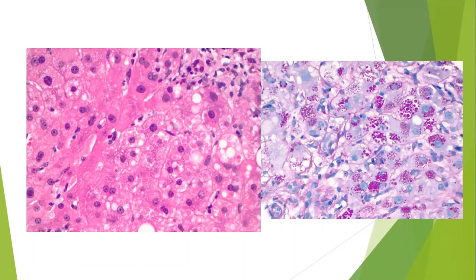So it accumulates within the hepatocytes as these globules. So in alpha-1 antitrypsin deficiency, there will be dysfunction of the liver, where it is produced, as well as the lung, where it acts. Next slide.